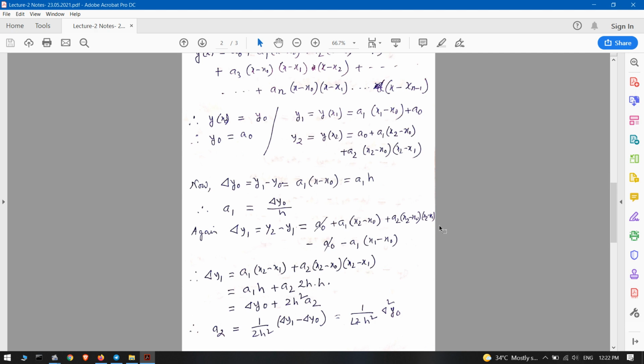Find the cubic polynomial which takes the following values: x is 0, 1, 2, 3.